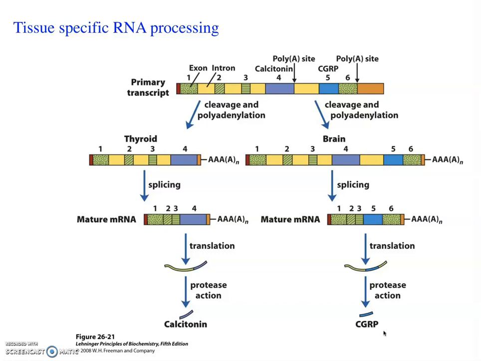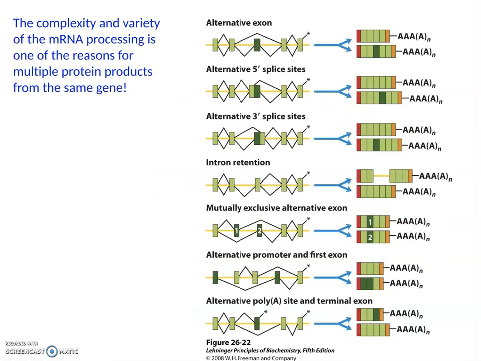So you can see the power here very well demonstrated with a real example, the power of alternative splicing and alternative processing of mRNA. And here's another, this is our final slide, but this slide basically describes the complexity and the variability in mRNA processing and how that leads to multiple and various products.